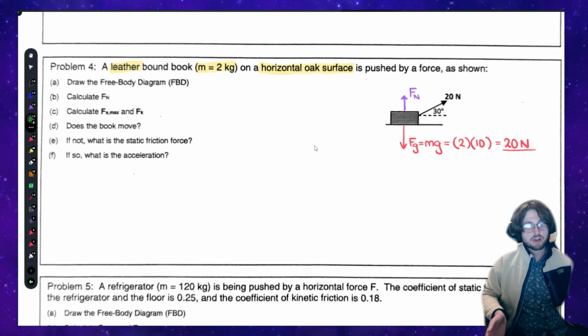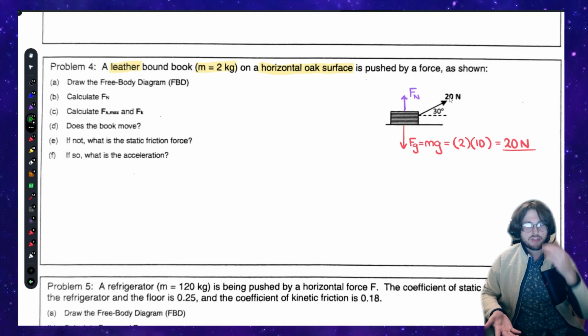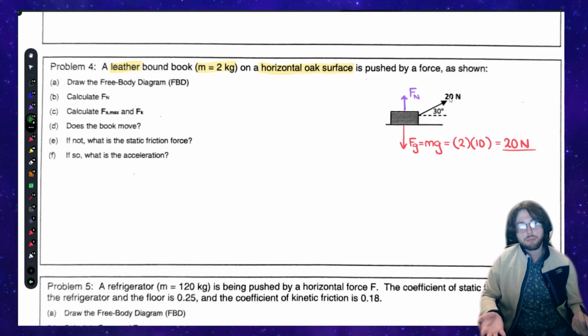Now, friction is a drag, right? So it's always a contrarian. It's going to oppose the motion of an object. So like this, if this object's being pushed upward and to the right, well, the rightward motion is probably the thing to look at here, because we're going to assume this book isn't levitating off of the table.